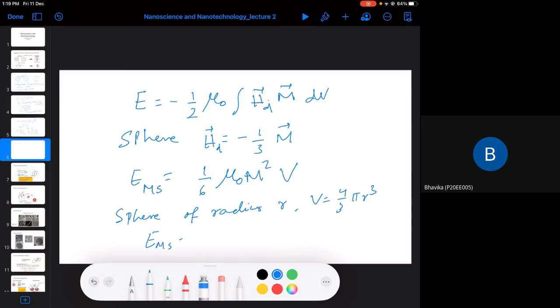So my EMS will be equal to 1 by 6 mu naught M square times 4 by 3 pi r cube, which will be equal to 2 by 9 mu naught pi r cube into M square. So this is the magnetostatic energy for a sphere.